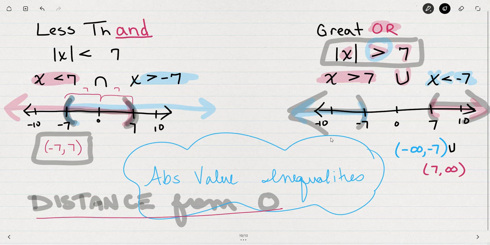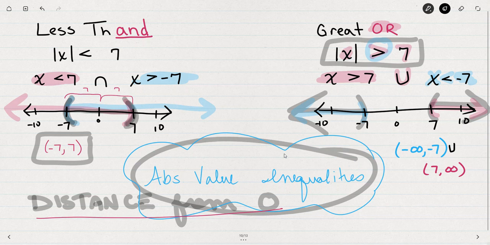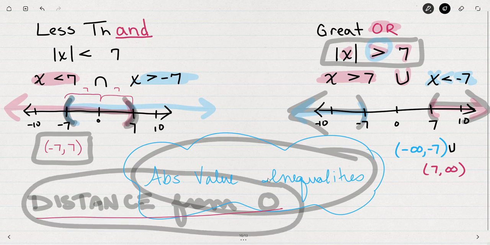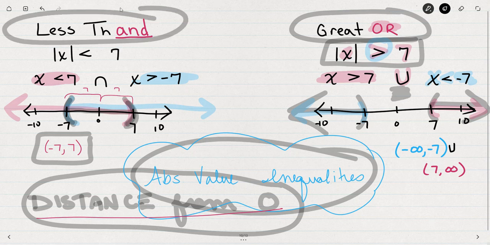One way or the other, you want to be able to evaluate absolute value inequalities. The best approach would be to really understand it conceptually as a distance from 0. But to start with, if you need to use these mnemonics, greater than means an "or" statement, less than means an intersection, "and," then that would be an okay way to start.